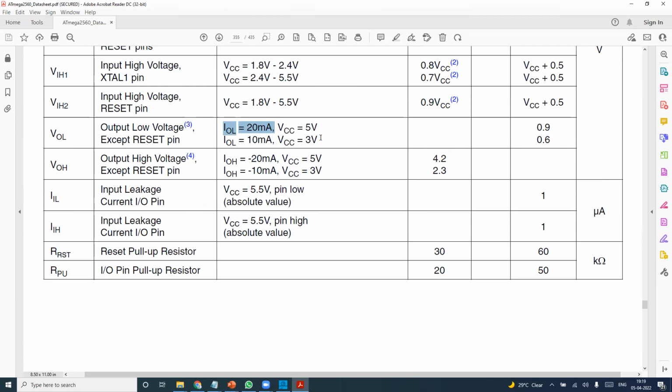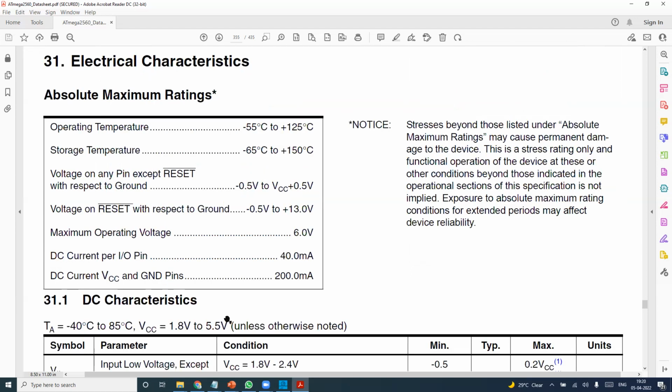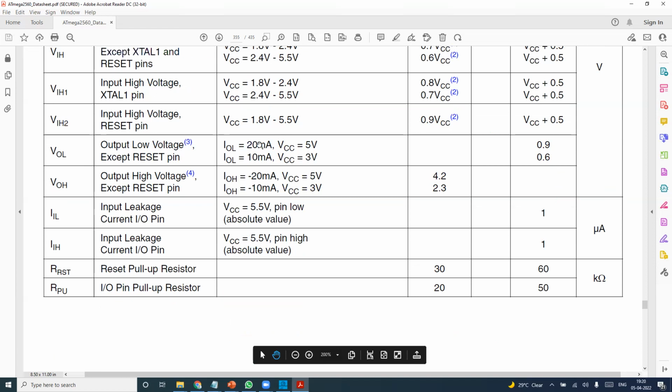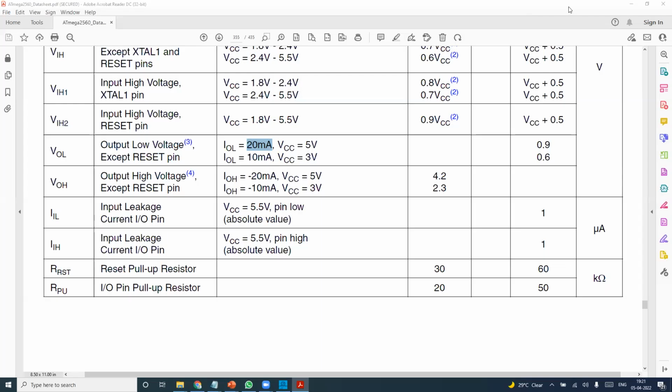At 3.3 volts, you get a maximum of how much? 10 milliampere. Let us assume 5 volt. Since we are discussing 5 volt, you get 20 milliampere. Do you understand? I've shown you the data sheet.